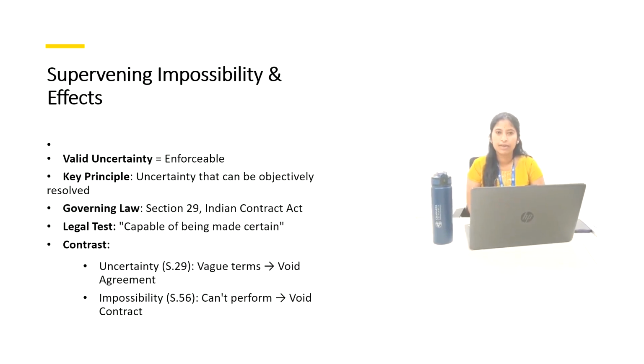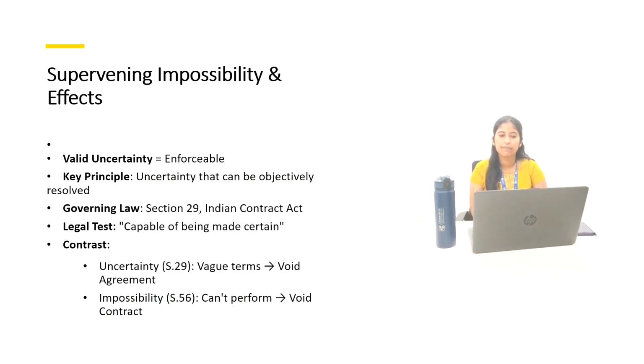This means the agreement itself must provide a clear method to remove the uncertainty. For example, if the agreement says that the price will be fixed according to the market rate on the date of delivery, it is valid. This is because the market rate can be verified and determined objectively. Uncertainty is allowed only when it can be made certain without guesswork.